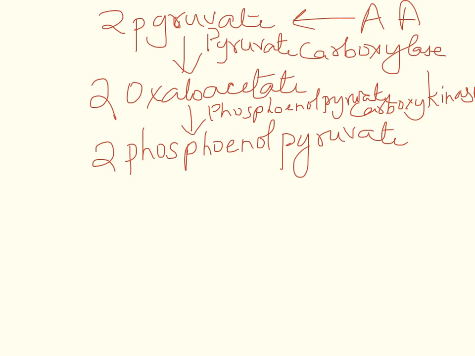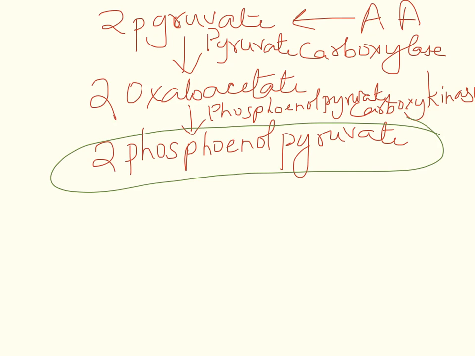If you recognize this molecule, this is the result of step 9 in our glycolysis. So from step 9, all the reactions will go in reversible order all the way up to fructose 1,6 bisphosphate.